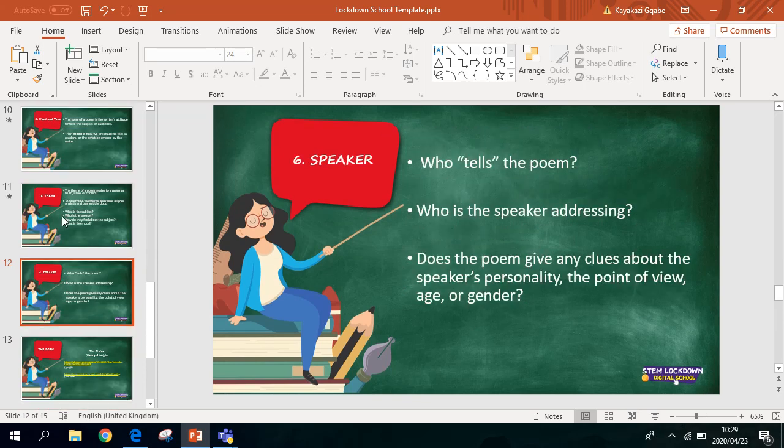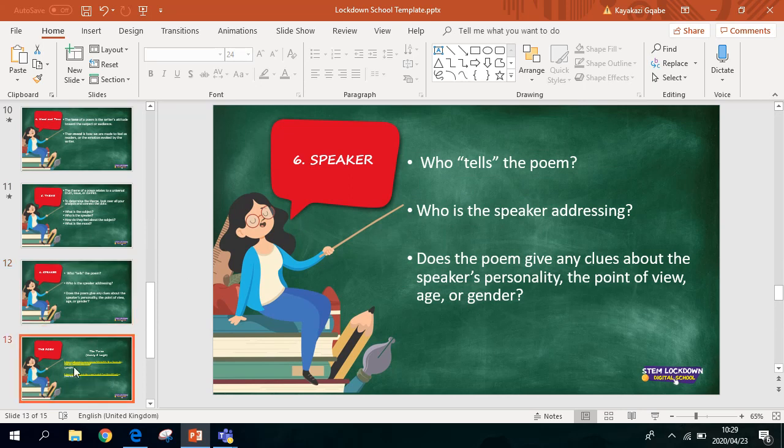Right. And then who tells the poem? Who is the speaker addressing? And does the poem give any clues about the speaker's personality, their point of view, age, or gender? So there is actually a whole lot that you can get from this poem.